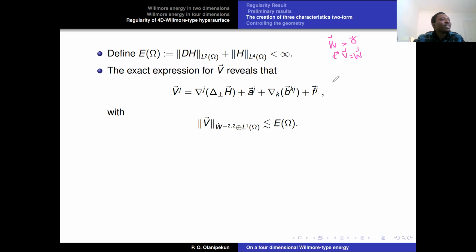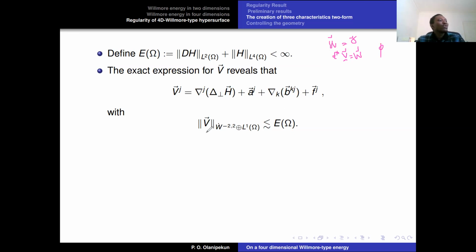And then from V, we obtained quantities such as L naught, L, S naught, and R naught, right? So the idea is to actually obtain regularity information on these quantities, V, L naught, R naught, S naught, and all that, and then see how we can update the information we have of those quantities on geometric quantities like phi or H. So when you look at the expression for V, it's in this form.